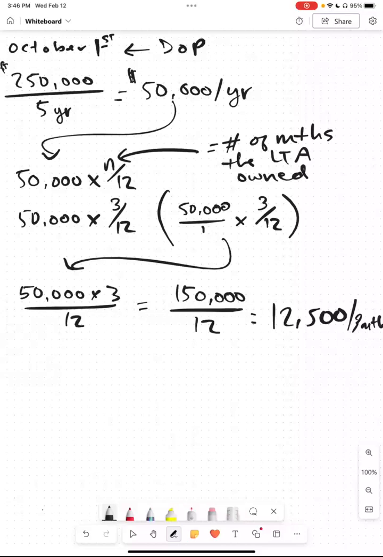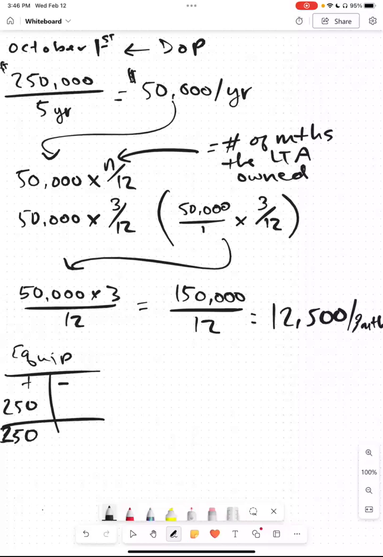The other account we have to talk about now is this thing we call accumulated depreciation. So what you end up having is you've got equipment. That's your asset account. When we bought it, it was worth $250,000. We can never change that because of the historical cost principle. That always has to be $250,000.